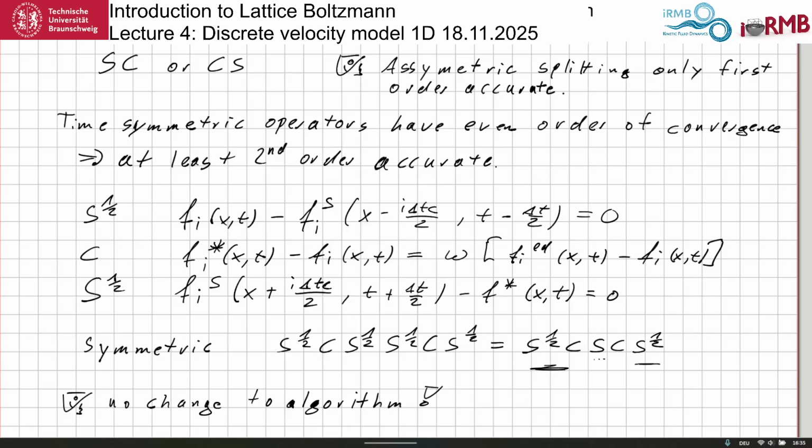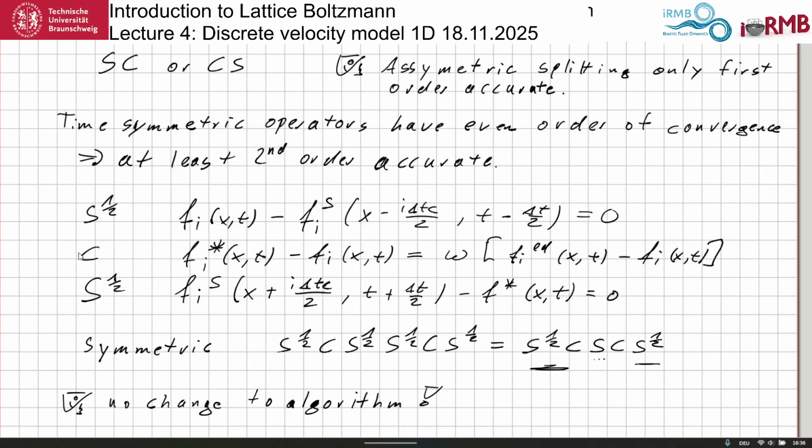Maybe I should say that there was one difference in the way Paul Deller introduced this splitting, because the only thing that you have to do is to make this thing here symmetric. His idea was to split up the collision, so he has half a collision, the streaming, and half a collision.